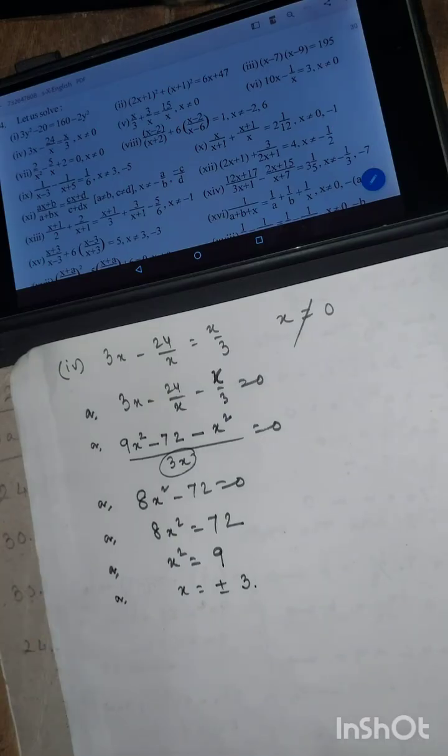So these are the values of x. Now let us proceed to our next question, that is Roman 5.